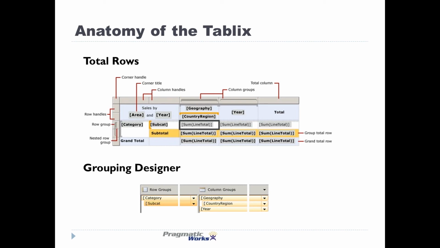One thing to note about the specific design that's illustrated here is this is an example of nested groups. And we'll talk more detail about what that means, but the easiest way I can explain it here is that geography is at the same level as year. So year is not a child of geography. Country region is a child of geography, but year sits side by side with geography.